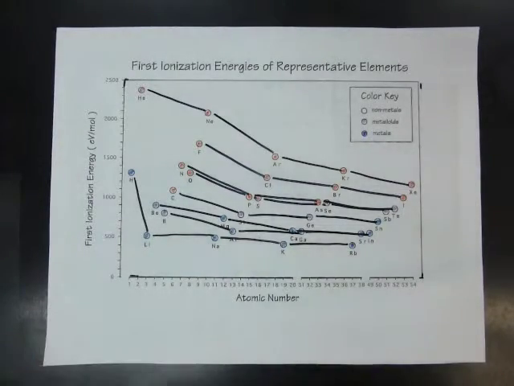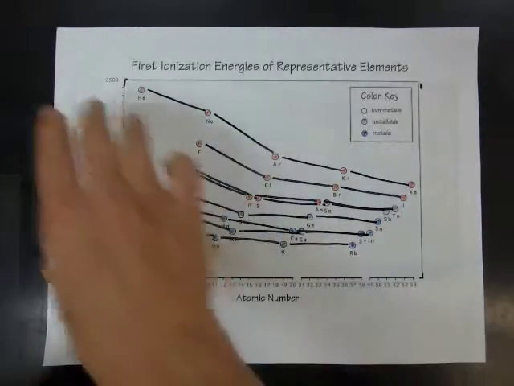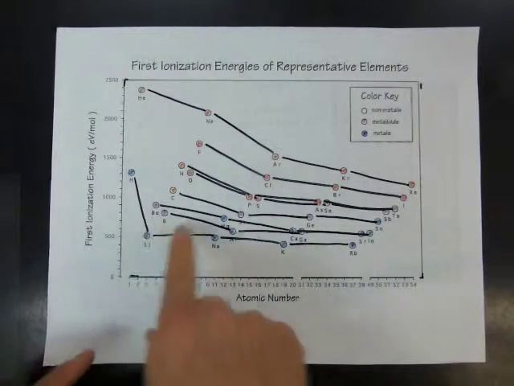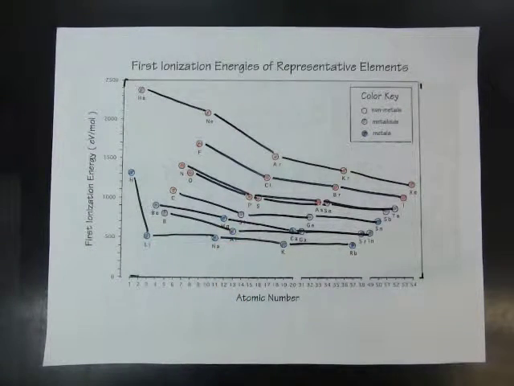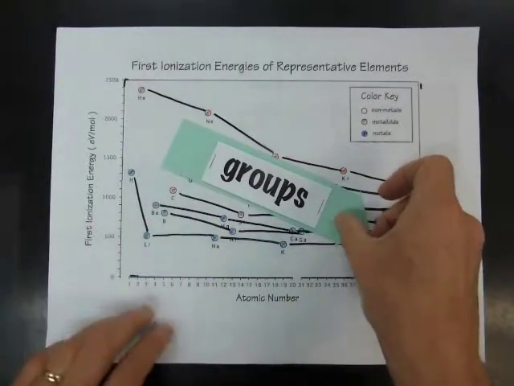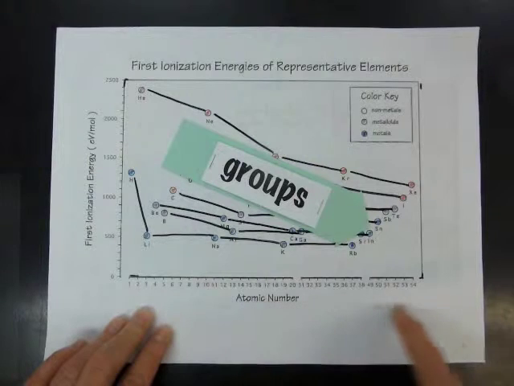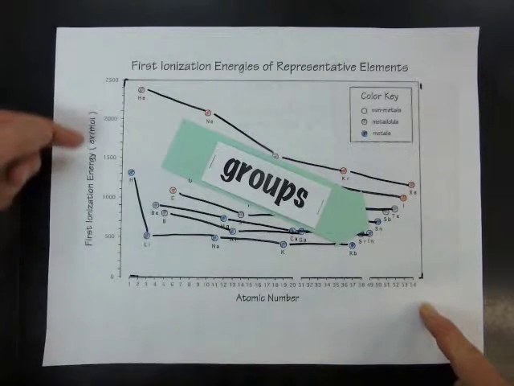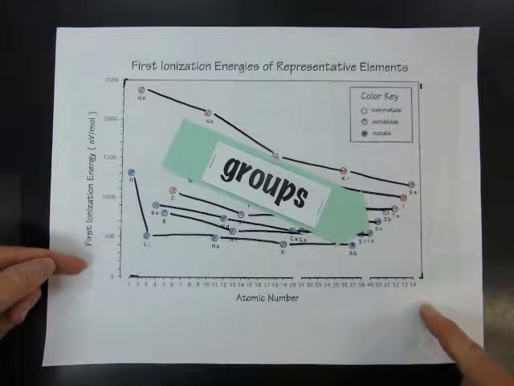You can see there's an overall direction. Not all the elements are going in the same direction, but overall, looking at groups, there is a downward trend. As the atomic number increases, the ionization energy decreases in a group.